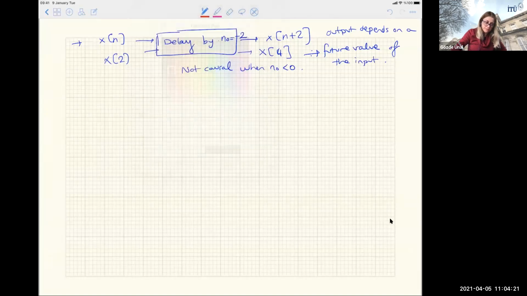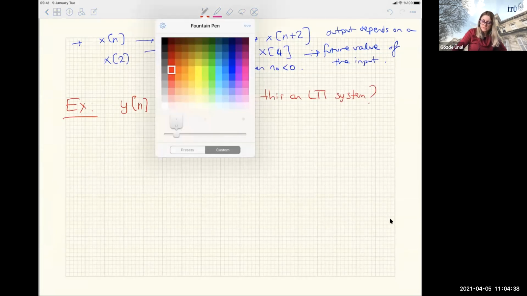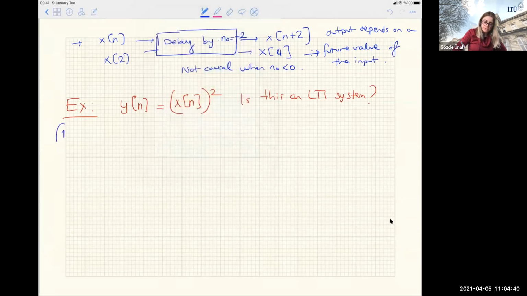Now let's look at some examples. For instance, let's look at this squarer system. I'm asking you, is this an LTI system? Let's look at our tests here. First, whether it's time invariant or not. Let's just check one.